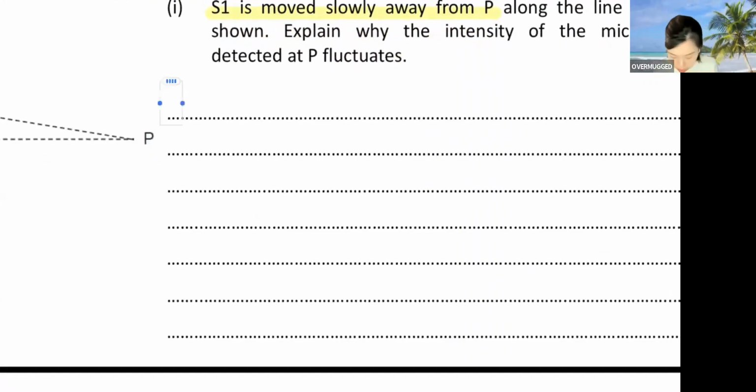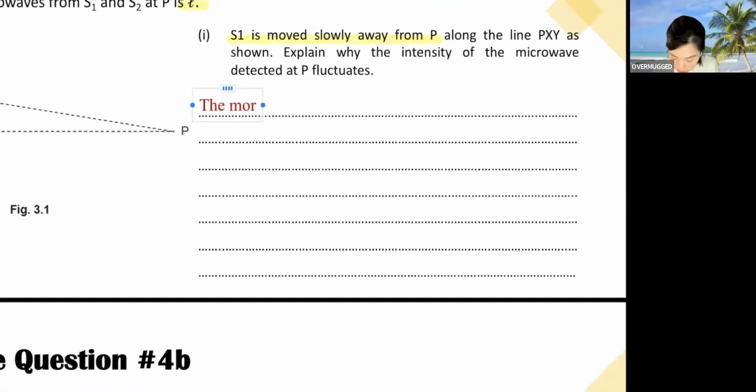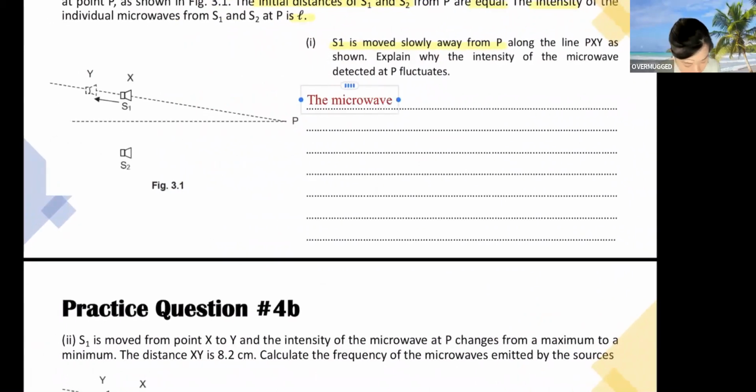Okay, now, so we say the microwaves from the two sources undergo interference.